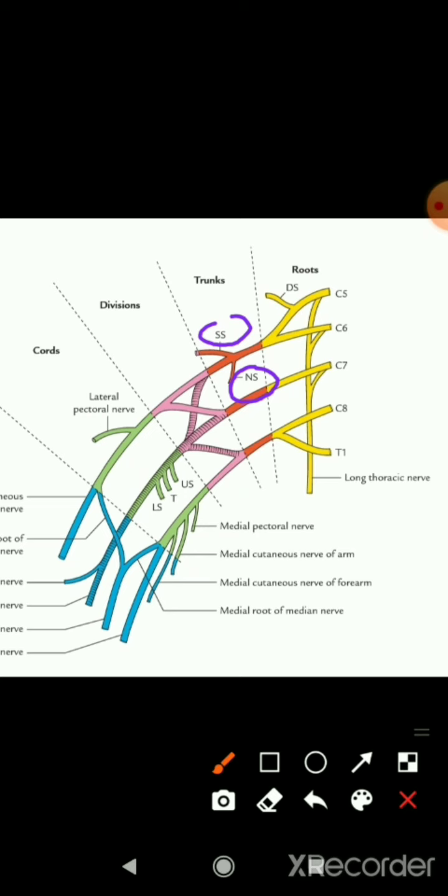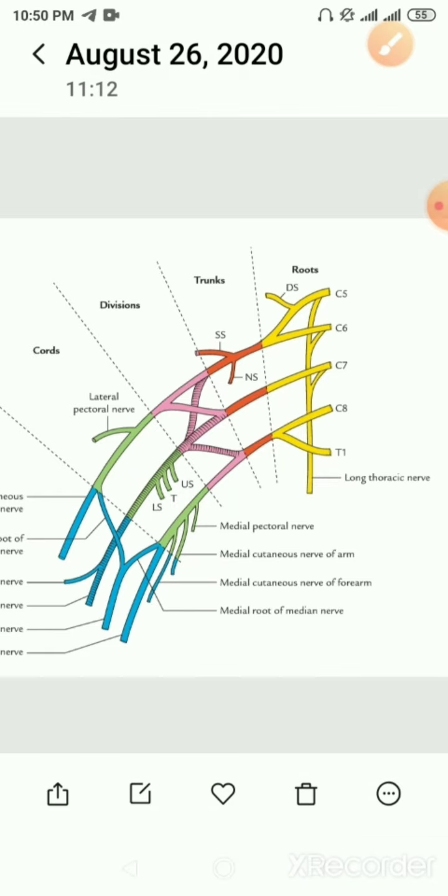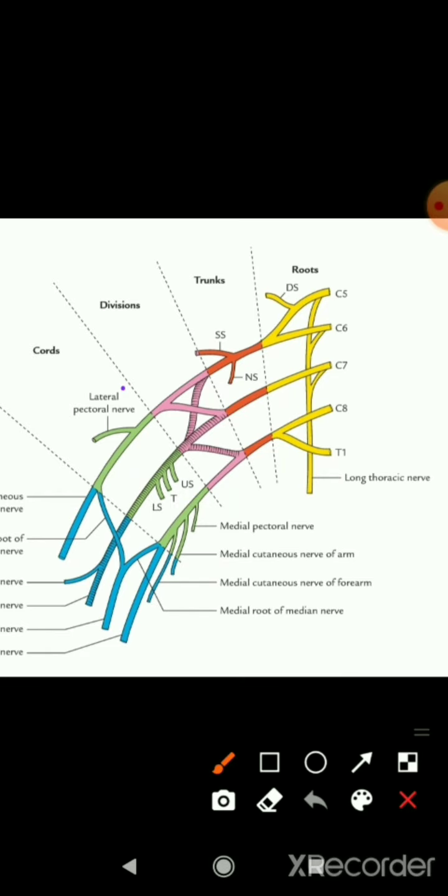Then the branches from the cords. From the lateral cord, there are three branches. Number one is the lateral pectoral nerve. Number two is the musculocutaneous nerve.